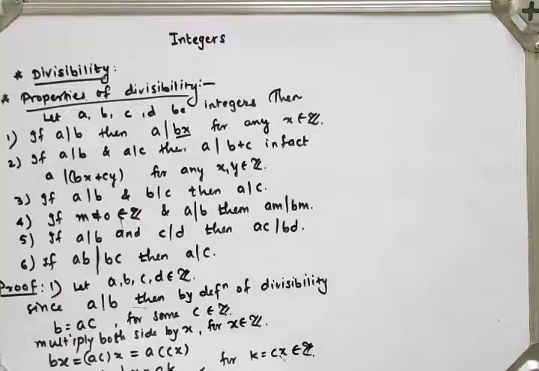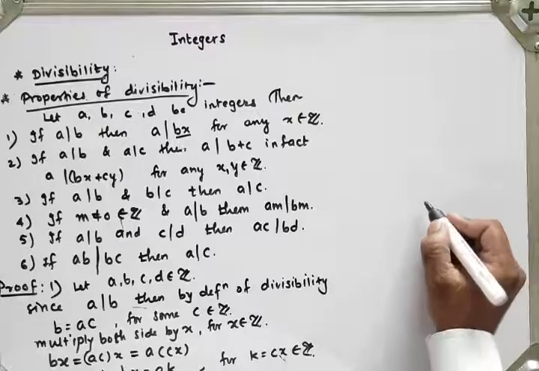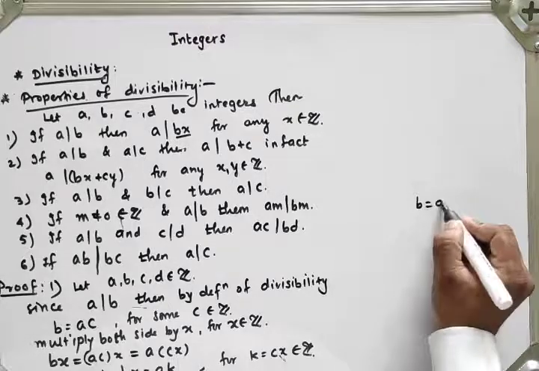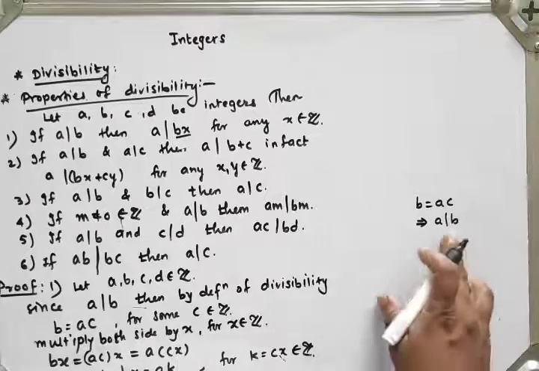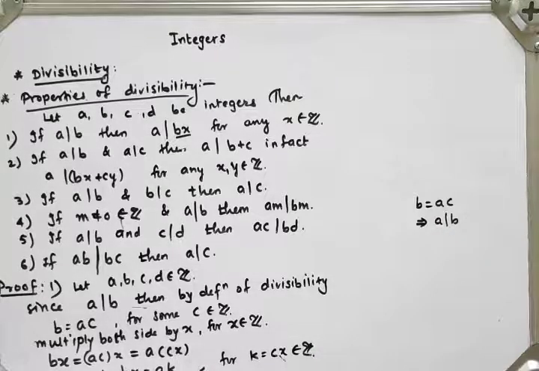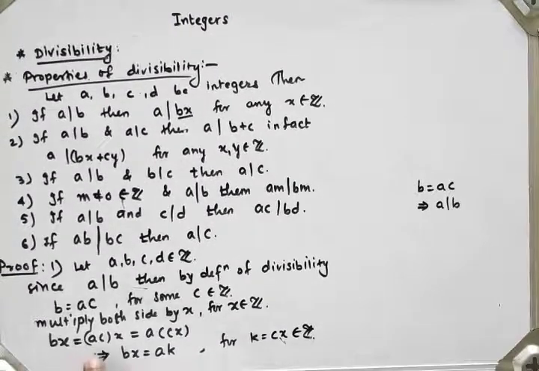So here we use the definition of divisibility. What is the definition? If b is equal to a into c, then we say that a divides b, right? So here bx is equal to ac into x, which is equal to a into cx. So cx I write as k, which belongs to the set of integers. So bx is equal to a into k.